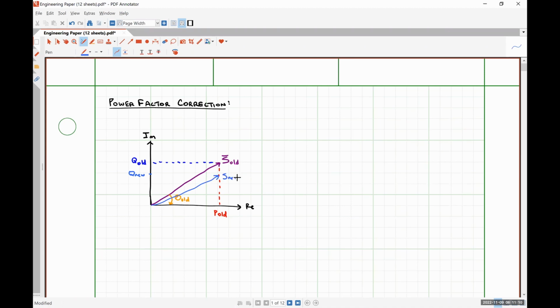So if this is S new, we can see that theta new is indeed smaller. So our power factor has been increased. We are not increasing the amount of average power that is consumed by our load in any way, shape, or form. So we are not running up our utility bill. Effectively, we have a one-time cost of putting something in our system to make Q smaller, and then we're good to go. So what do you think we should use to make Q smaller?